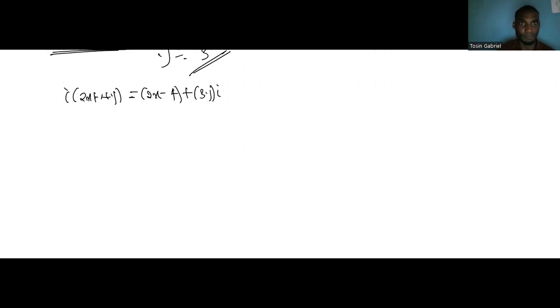Very easy. You notice that this part here only has an imaginary part, it doesn't have a real part. But here, this is the real part and this is the imaginary part. So what you simply do is equate this one to this one, which is going to be i into 2x plus 4 plus 4y.